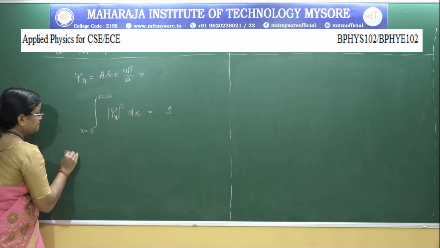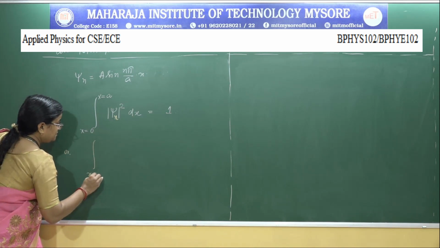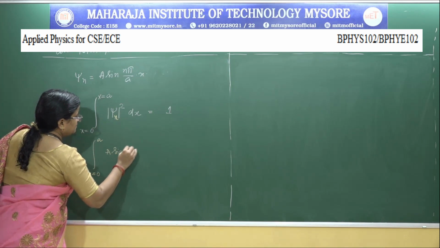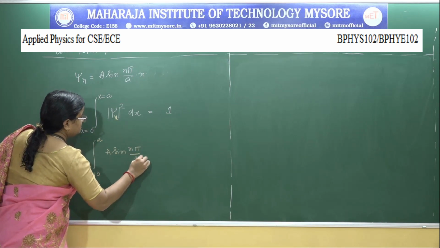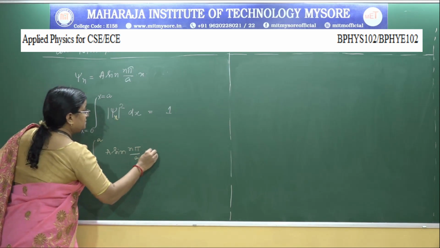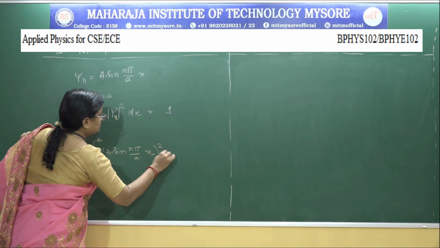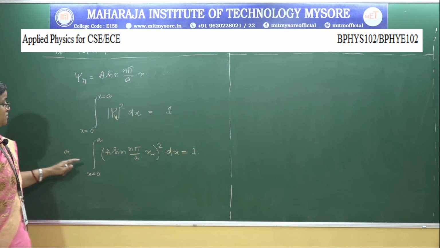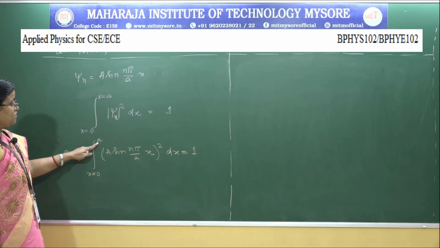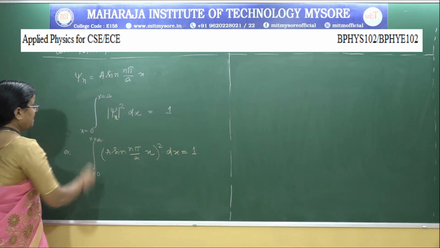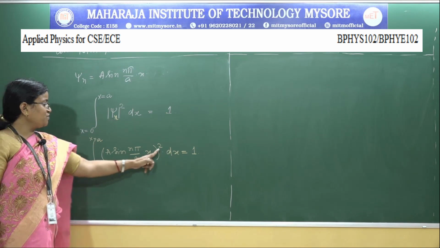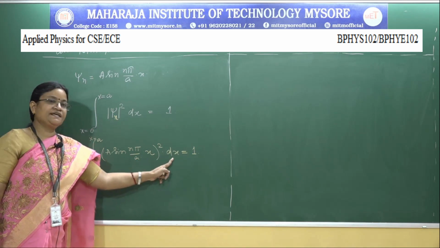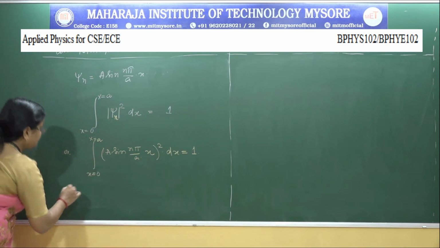So what we get, integral from x is equal to 0 to x is equal to a, a square sin square n pi by a into x dx, will be equal to 1.